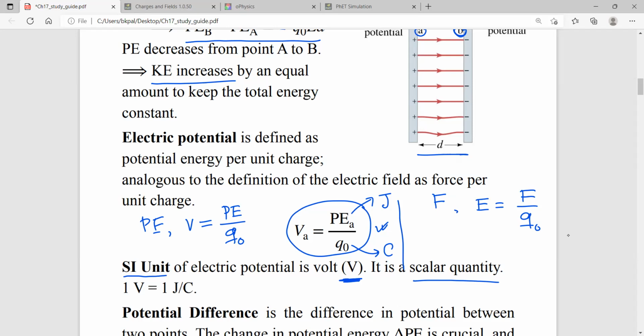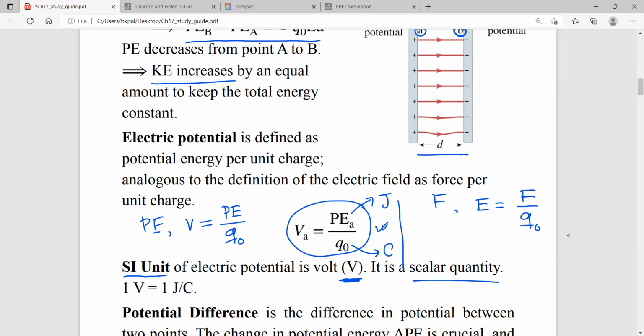In one problem we saw that even when we change the reference point, although the individual potential energies at some points change, the change in potential energy, I mean delta PE, does not change. That's why I mentioned that potential energy is not a very useful quantity, but the change in potential energy, delta PE, is.